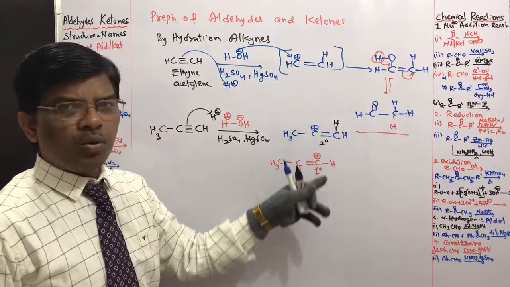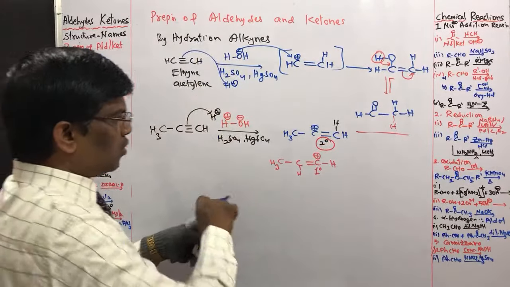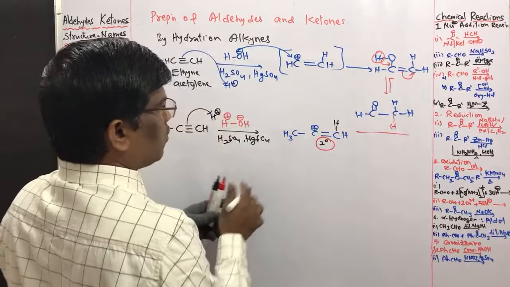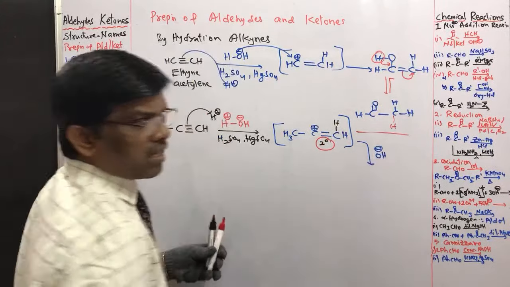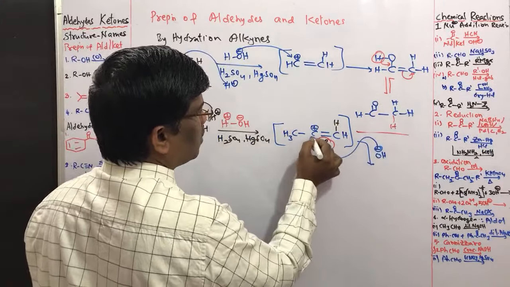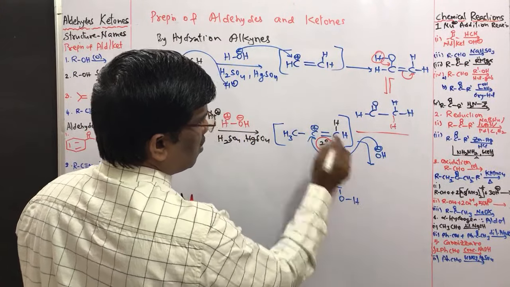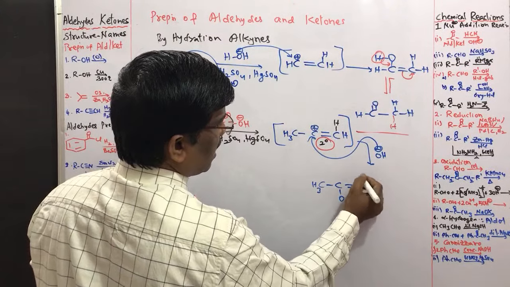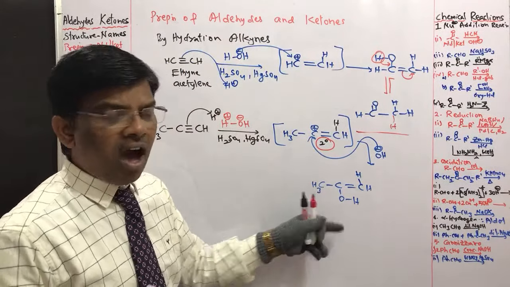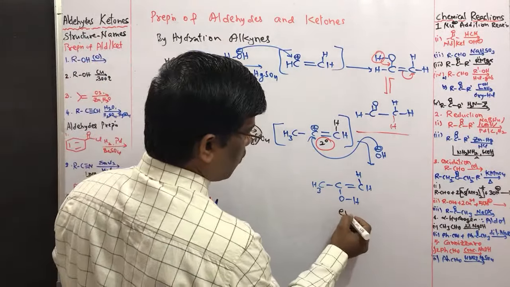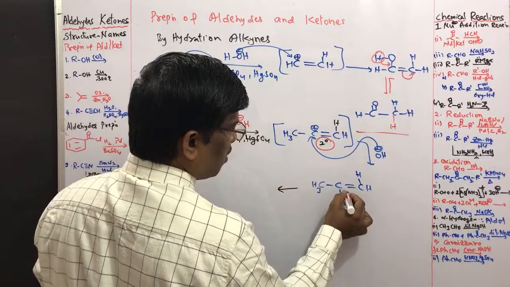Among these two carbocations, the secondary carbocation is more stable, so it is formed as the major one, and it takes the nucleophile OH from the reaction mixture, which is added to this carbon to give a double bond CH, with one hydrogen already there. What is this? An enol. The common name of this type of compound is enol, and these enols are nothing but tautomers of ketones.